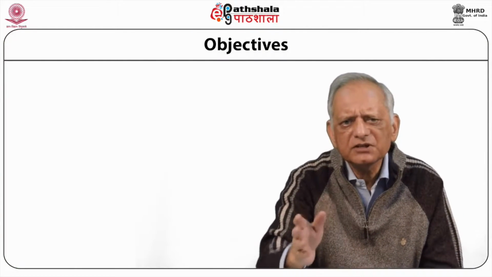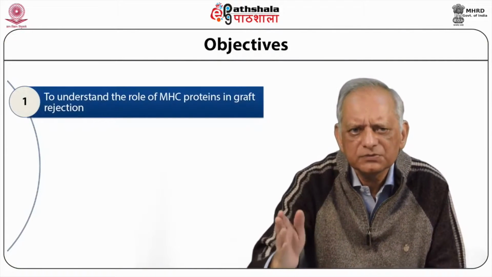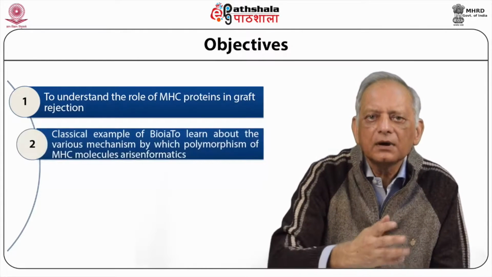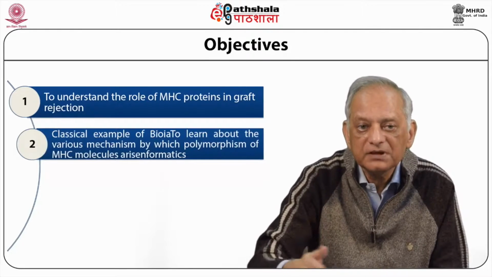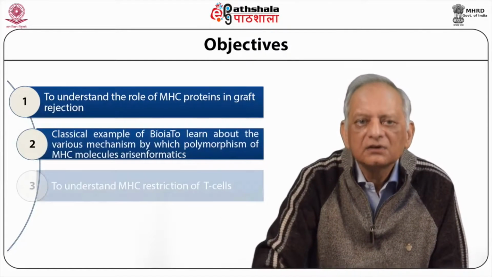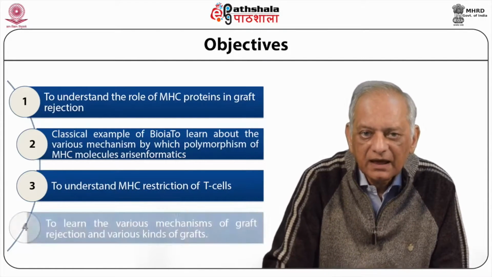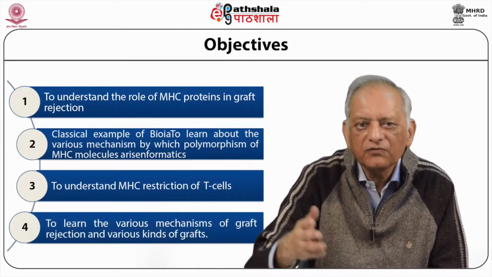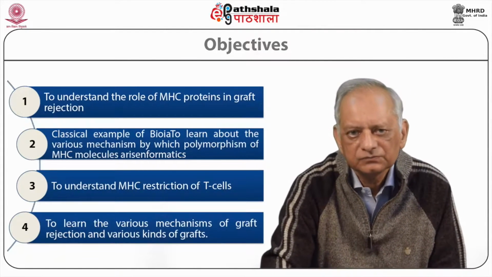So the objectives of this module are to understand the role of MHC proteins in graft rejection, to learn about the various mechanisms by which polymorphism of MHC molecules arise, to understand MHC restriction of T cells, and to learn the various mechanisms of graft rejection and various kinds of grafts.